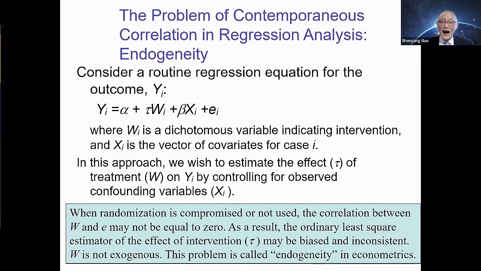After we enter all the important covariates into the X vector, the regression coefficient tau associated with W is the net effect of W. This is the idea of statistical control.